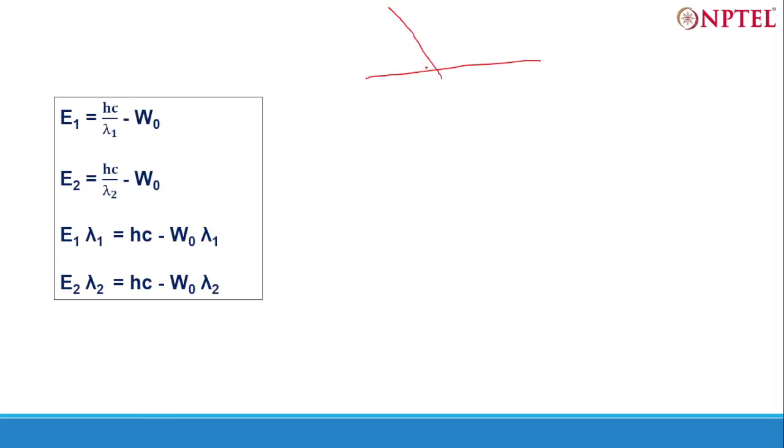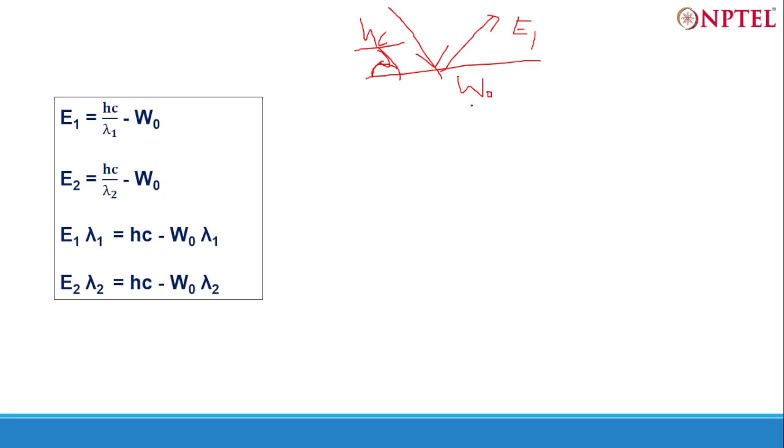First, if a light is striking a metal, with wavelength lambda, what should be the energy? hc upon lambda. Okay, and if this is the work function of the metal, and this is the maximum energy of the electron E, what should be the difference?